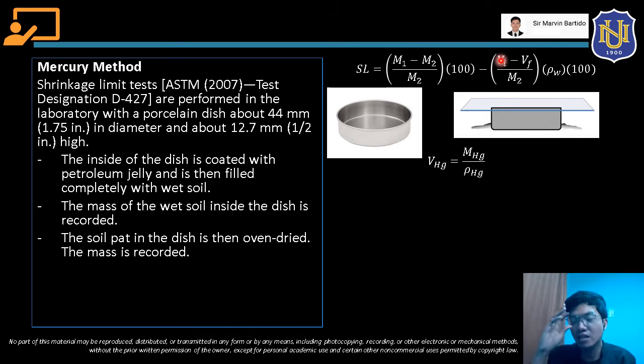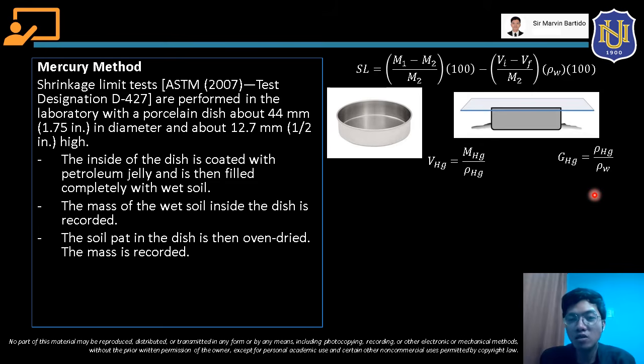So para makuha natin, class, yung volume ng mercury, we can use this formula. So this is mass nung mercury over density ng mercury. So class, ang gagawin lang natin dito, titimbangin natin ito at i-determine natin yung mass ng mercury. And then ngayon, para dito sa density ng mercury.